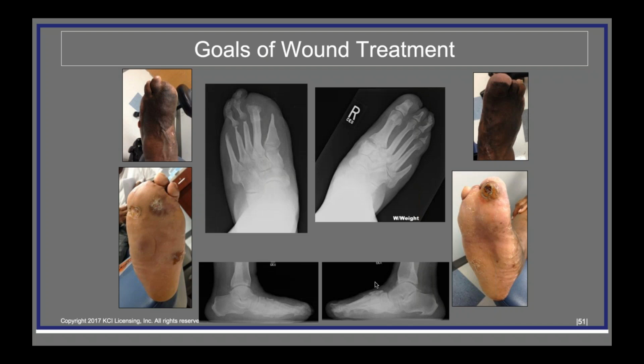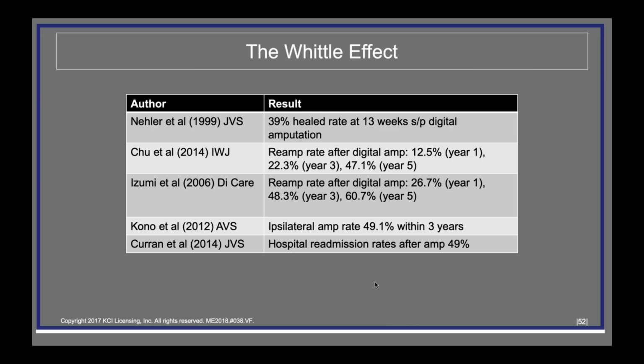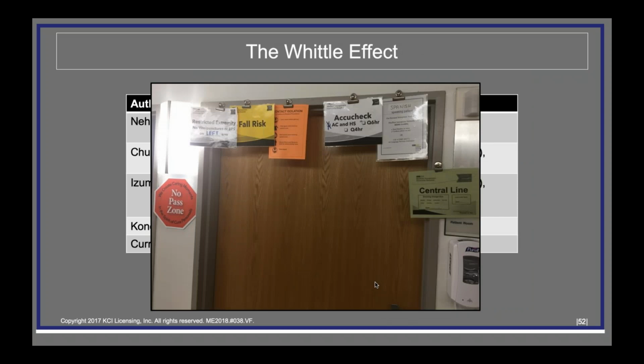The patient's not in a safe zone yet. And so this patient's foot is still at high risk. And if you look at the literature, hospital readmission rates, even after partial toe amputation, is 50% within 1 year. That's not a sustainable clinical model.